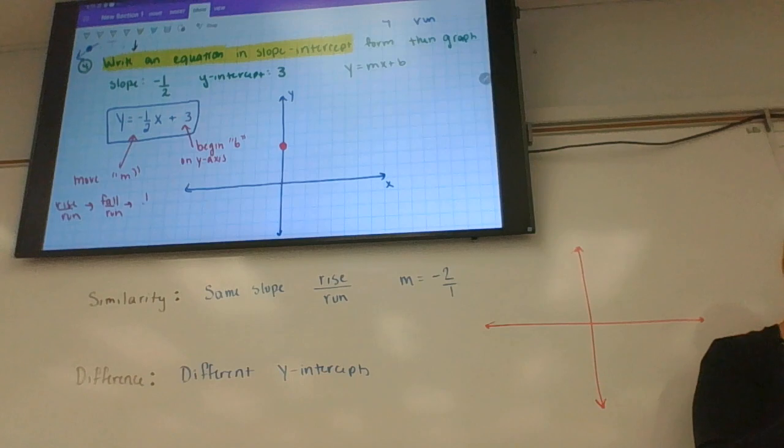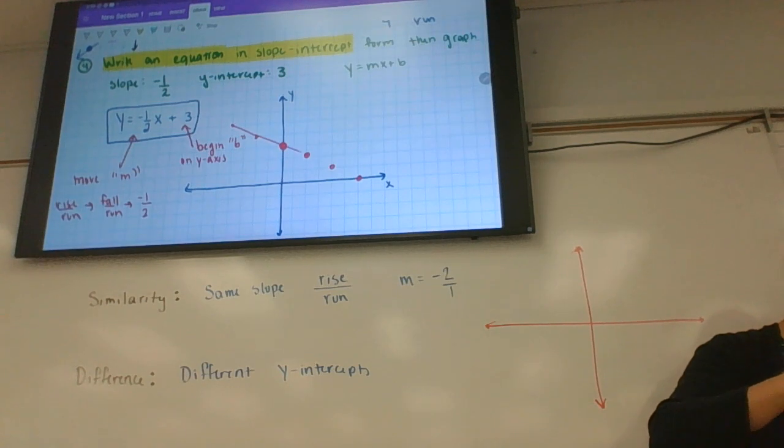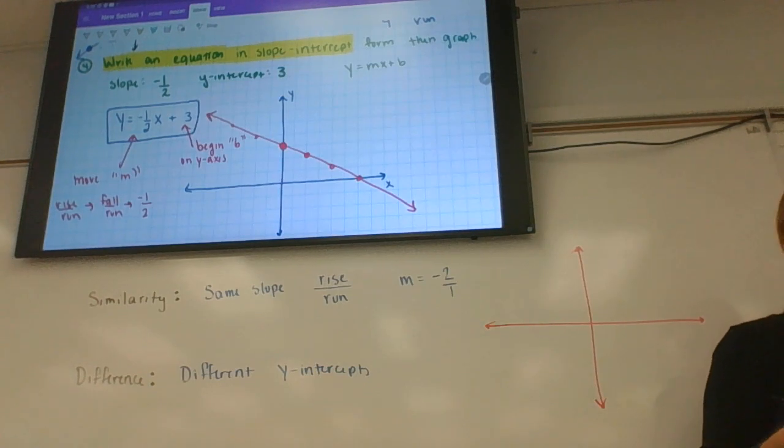So I'm going to go down 1/2. Down 1/2. And I want to aim for creating that pattern to the left as well. There it is.